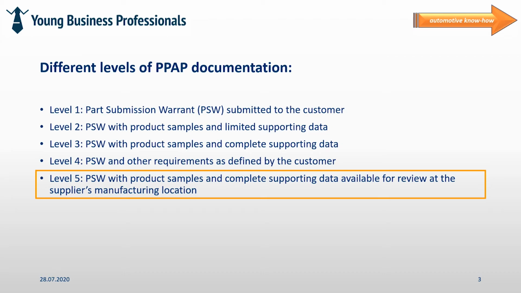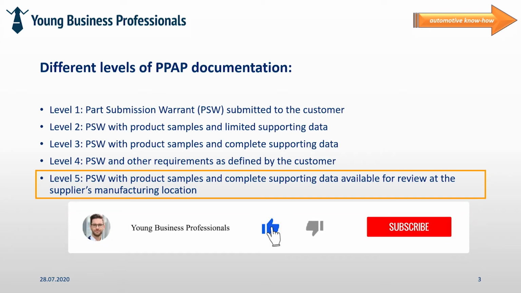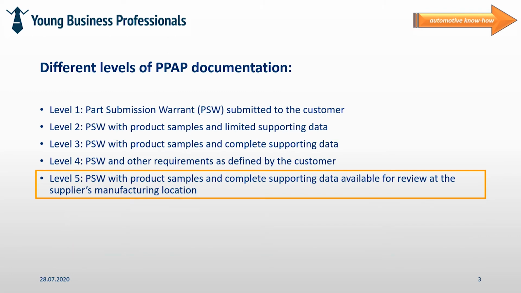Depending on the request of the customer and the necessity, a specific level for the product is being defined. In case a fully new and important product is being developed, PPAP Level 5 might be the right choice. So let us now take a more detailed look at Level 5 and what's behind that definition.